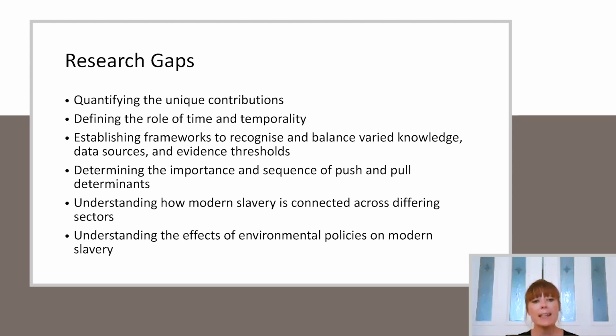So during this analysis, we also noted some significant research gaps for the field. Those primary gaps are that we haven't really been able to determine yet what is the unique contribution of modern slavery to environmental degradation, and also how we quantify the unique contribution of environmental degradation and climate change on modern slavery occurrence, prevalence, but also risk and vulnerability.